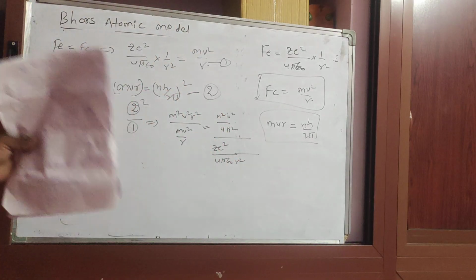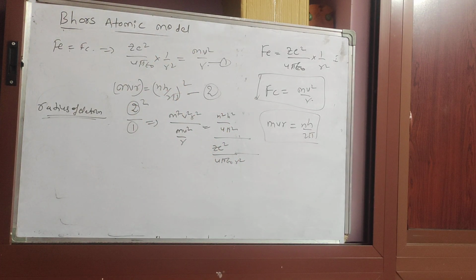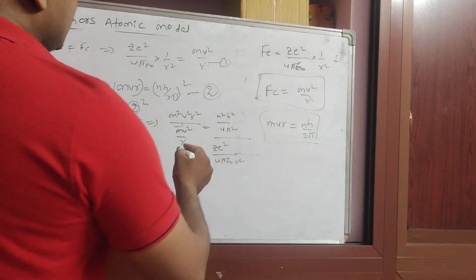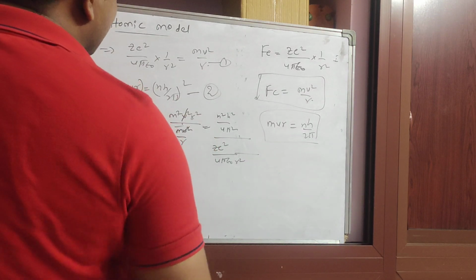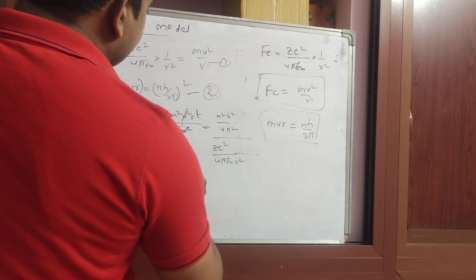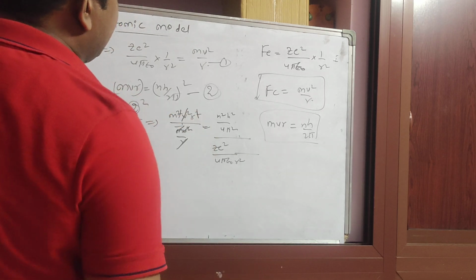This is the equation we have to work with. The v square will cancel, the r will cancel, and m will cancel.